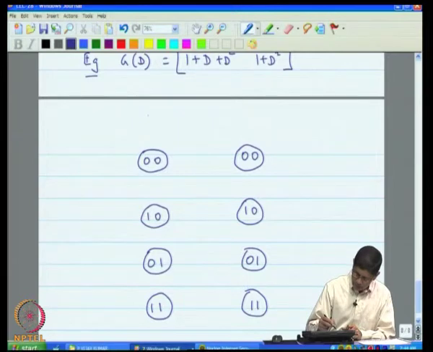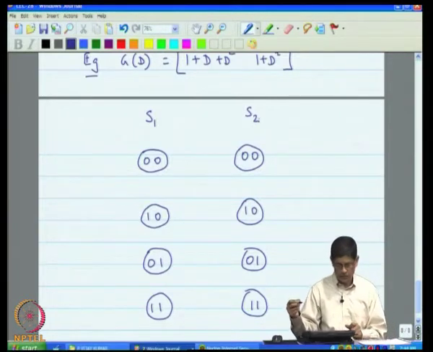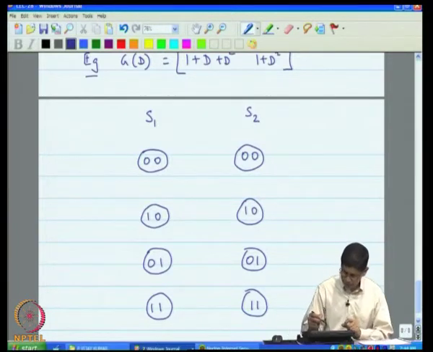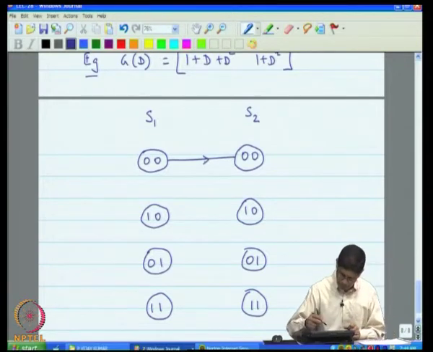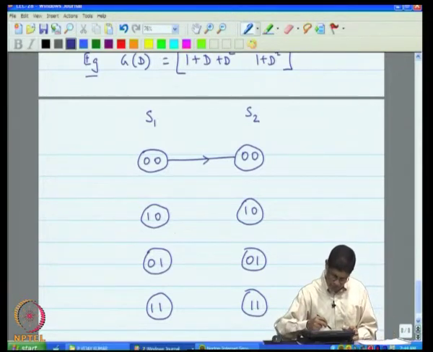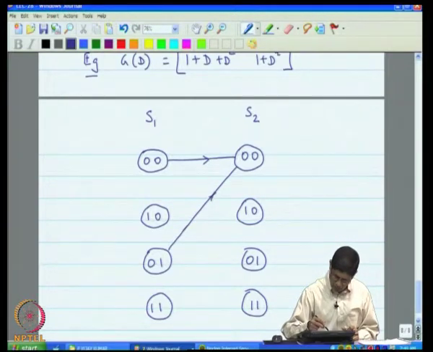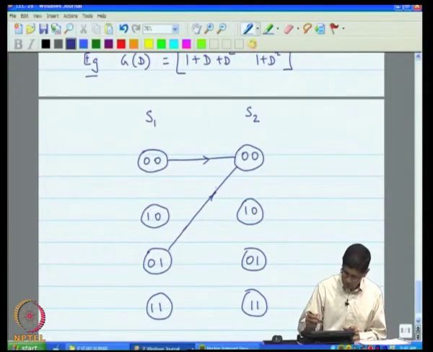And now think of this as the collection of all possible states S1 and this is the collection of all possible states S2. I am going to use our older terminology of how you go from one to the other. So, you can go with an input of 0 from there or from here. And similarly for the other states.